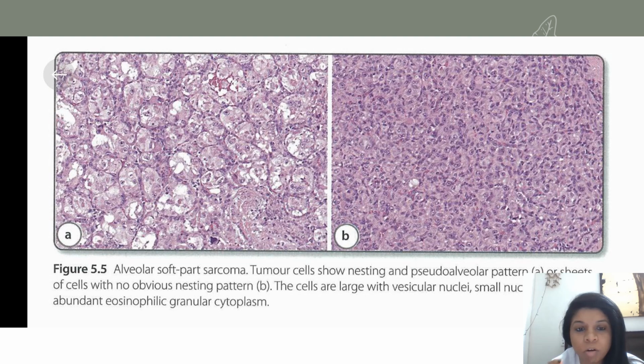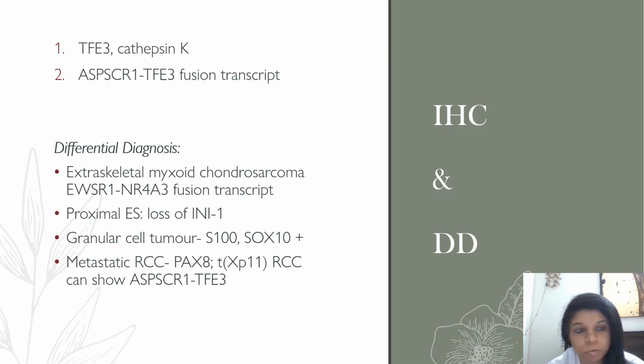Cell cohesiveness means that because of the tight junctions, the cells stay together. So when the cells are not staying together and show some signs of degeneration, they look like a pseudoalveolar pattern. In some cases there is so much solid sheeting that you won't see the pseudoalveolar pattern, and it is much more difficult to differentiate it from other tumors.